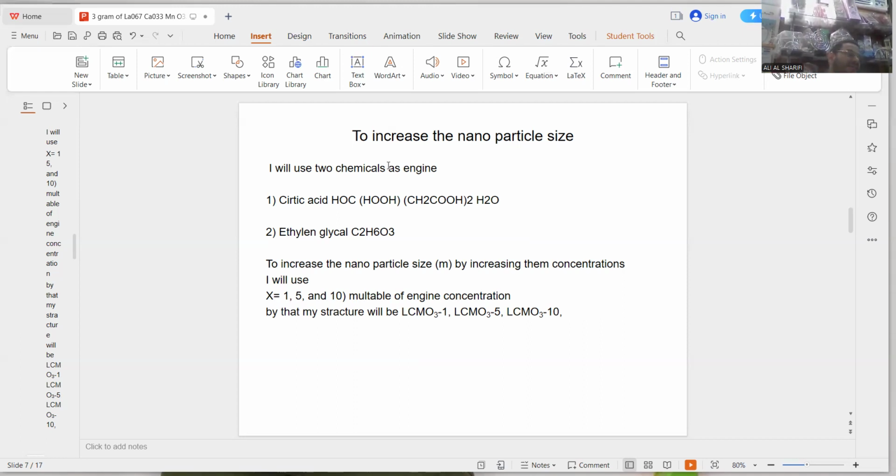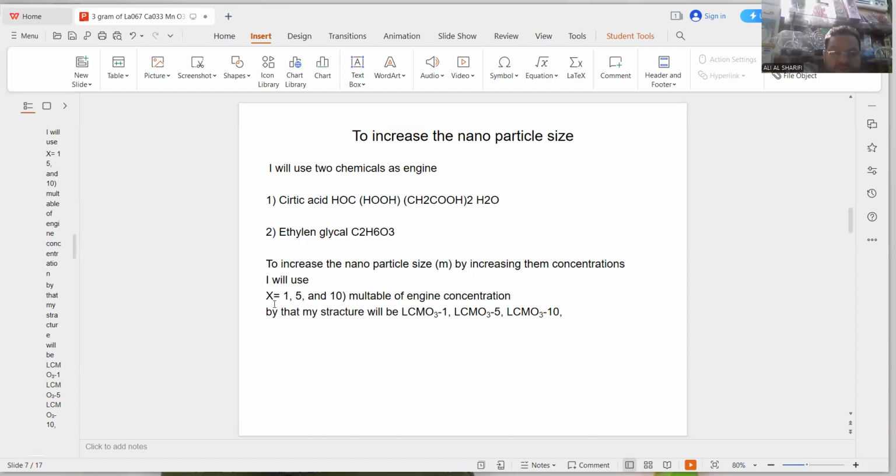The second thing is we can increase the nanoparticle size by increasing the ratio of these agents, ethylene glycol and citric acid.